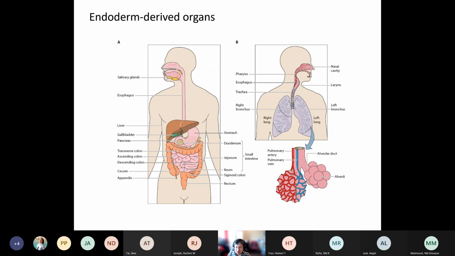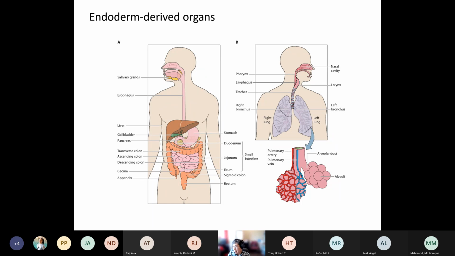Their functions are closely related to digestion and nutrient absorption. Those organs are liver, gallbladder, and pancreas. Those are not part of the GI tract, but they're closely associated with it.